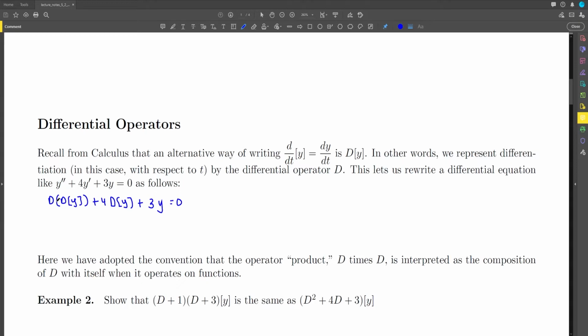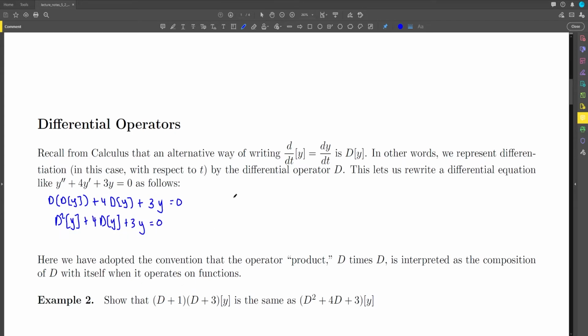Now, we can use a shorthand notation. We can write D squared of y plus 4 times D of y plus 3 times y equals 0.